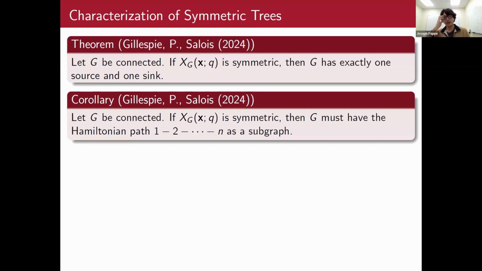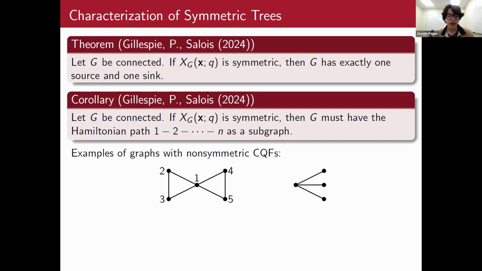So for instance, if your graph is connected and its CQF is symmetric, then it must have a Hamiltonian path labeled 1, 2 through n as a subgraph. So this immediately implies that your graph has a Hamiltonian path in it, or in other words, it's traceable. So let's look at some examples.